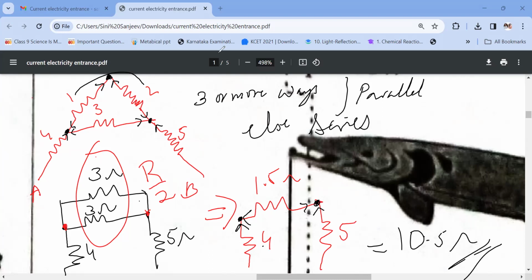Is it clear for everyone, this concept? Three or more ways in the junction, it is parallel. Others, it is series. So only one yes, sir, I got. That is from Ali. Eunice and Aman, is this concept clear? Yeah.